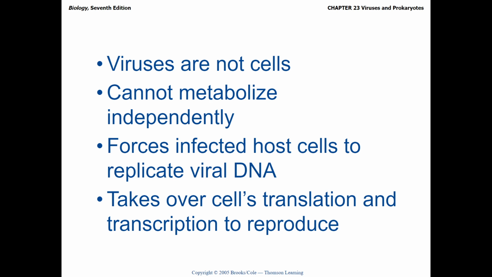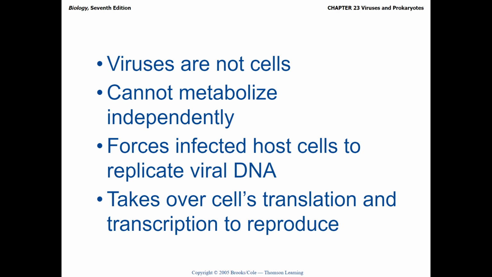Keep in mind, viruses are not cells. They cannot metabolize independently. They are going to be using infected host cells to even replicate their own viral DNA. So that's why we see viruses invade other cells. They have to take over that cell's machinery, whether it be for nutrients or cell translation and transcription to reproduce.